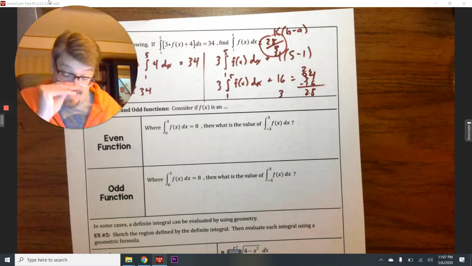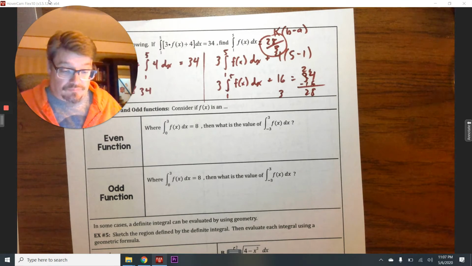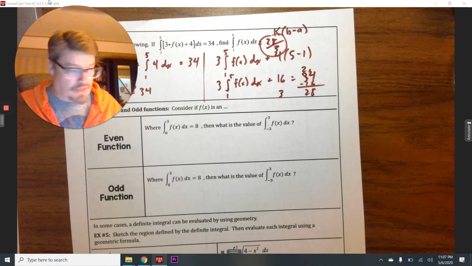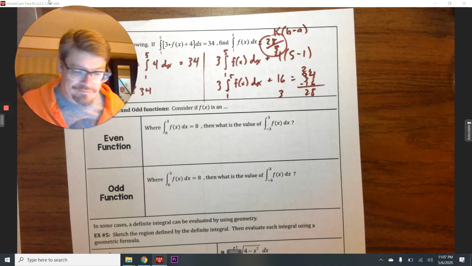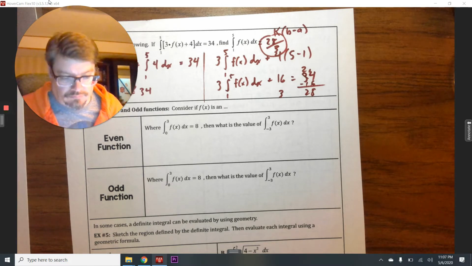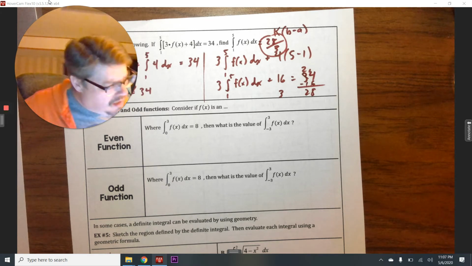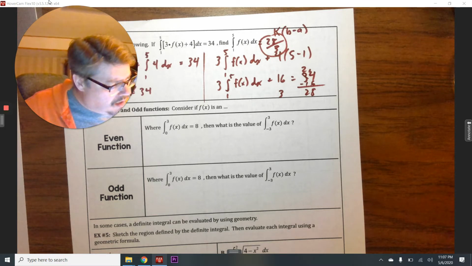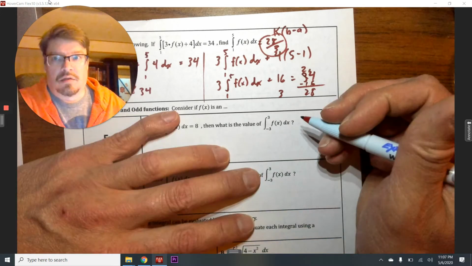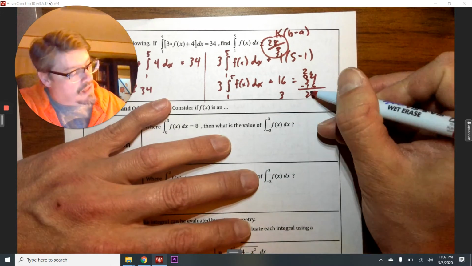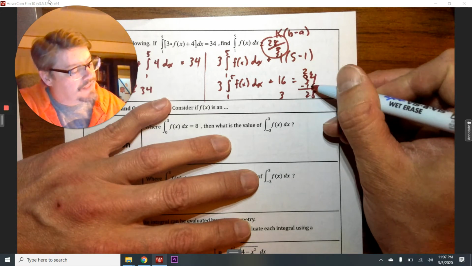Whoa, did I screw that up? Let's say 2 minus 1 is actually 1.